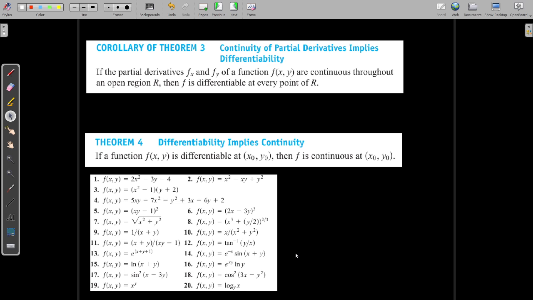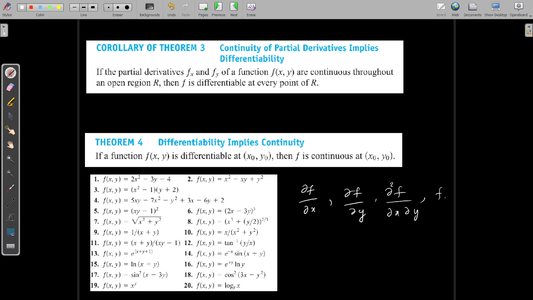So before going to the next section, you need to explore the following problems. You try to find the answers of the following problems. For each of these functions, you must evaluate the partial derivative of f with respect to x and the partial derivative of f with respect to y, and the second order partial derivative d square f by dx dy. That means for this we differentiate with respect to y first, then x.